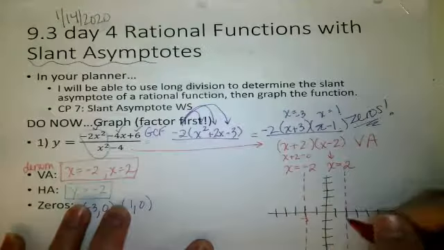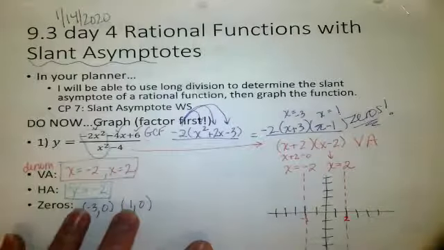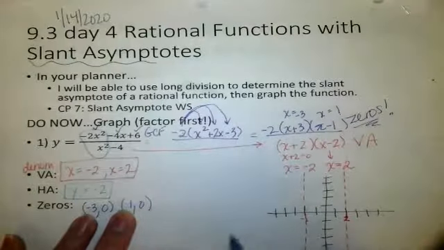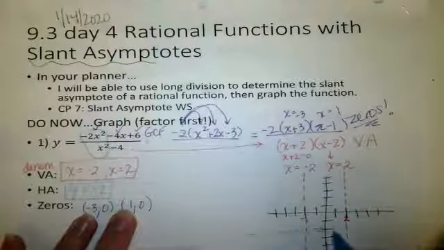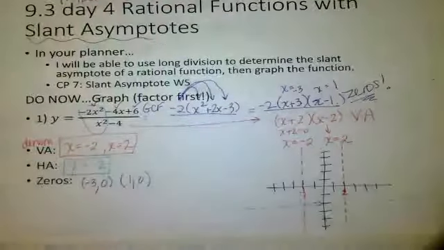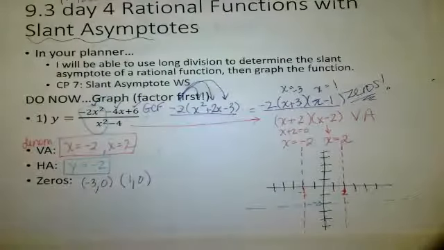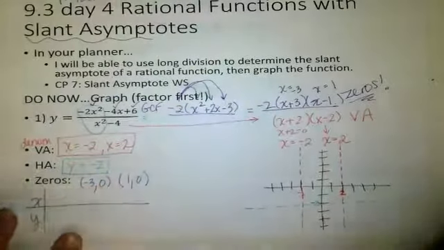I'm going to draw my vertical line, and at +2 on the x-axis, my vertical line. And my horizontal asymptote is at y equals -2. So that's -2 on the y-axis. And I draw my horizontal asymptote.